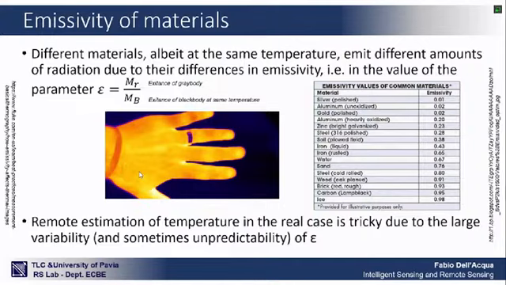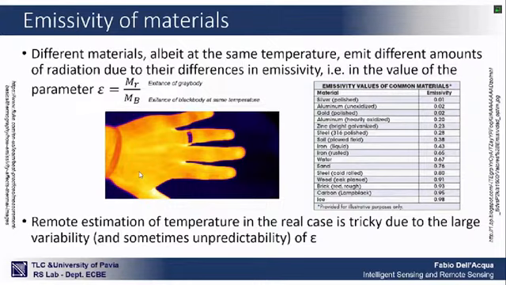Does that make sense? For example, Landsat has a so-called thermal band. But the thermal band will provide you an emission value, an emitted power value. But that emitted power value will not relate directly with temperature.